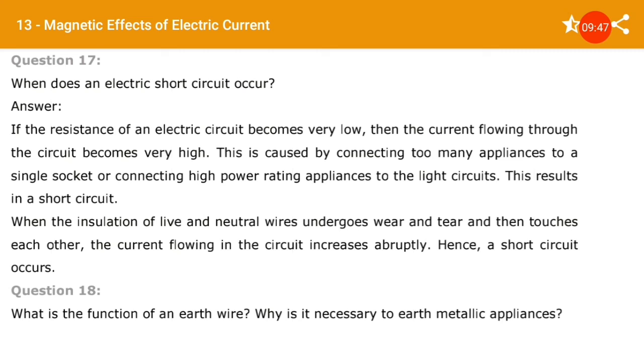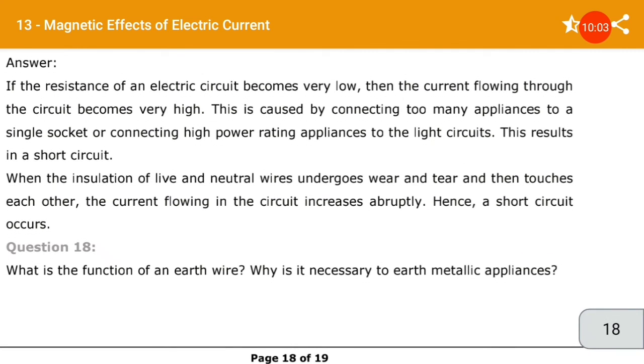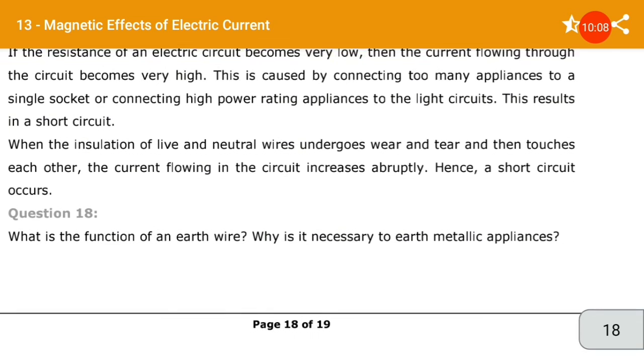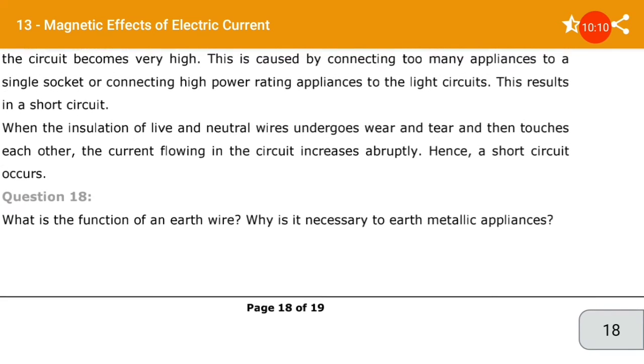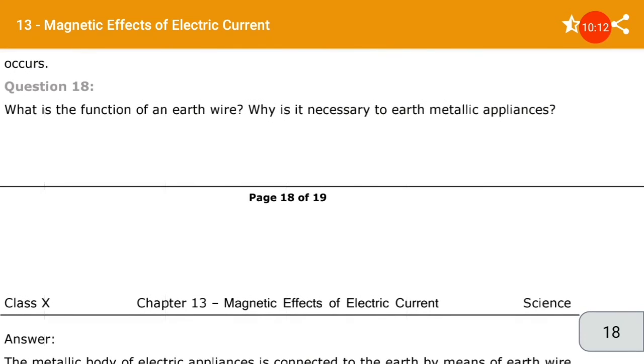This results in a short circuit or overloading. When the insulation of the live and neutral wire undergoes wear and tear and they touch each other, the current flowing in the circuit increases abruptly, and a short circuit occurs. Overloading is also one of the cases, so that also you can include.